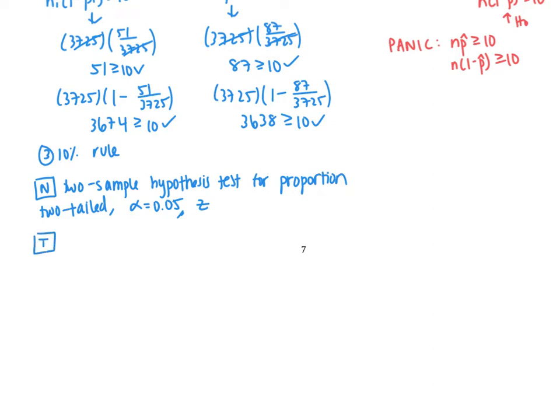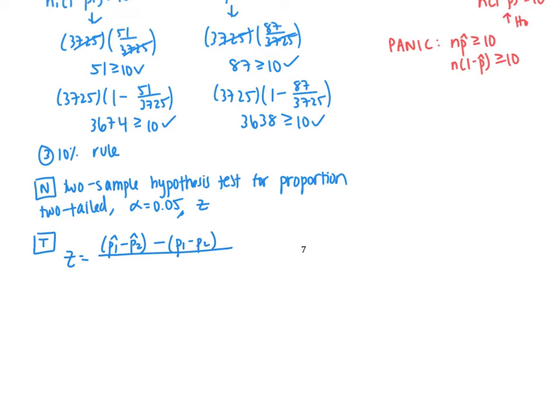Okay, I'm going to be honest with you. The formula is pretty rough, okay? The formula for a two-proportion test is rough, and here's why. You're going to have your fraction, Z equals P1 hat minus P2 hat minus P1 minus P2. That should follow pretty similar to mean.